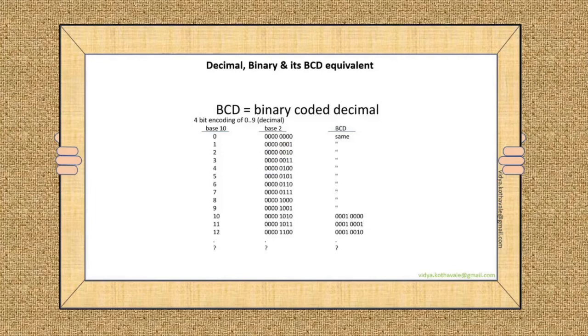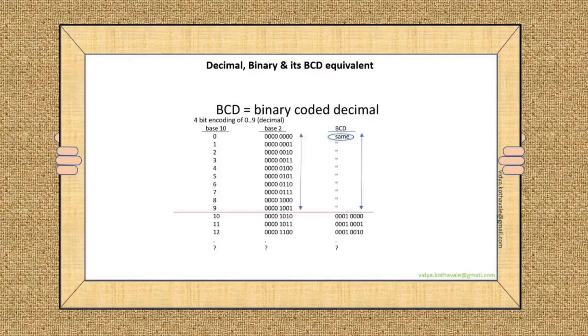Decimal, binary and its BCD equivalent are shown in the three columns respectively. Column 1 indicates base 10, that means these are decimal numbers. Base 2 indicates the binary equivalent of the decimal numbers, and the third column, BCD number, indicates the BCD equivalent of the given decimal numbers.